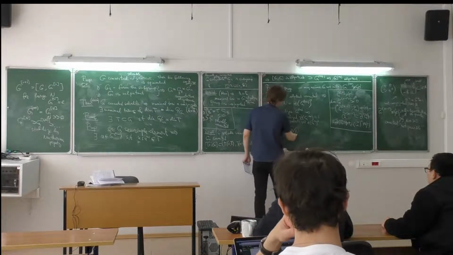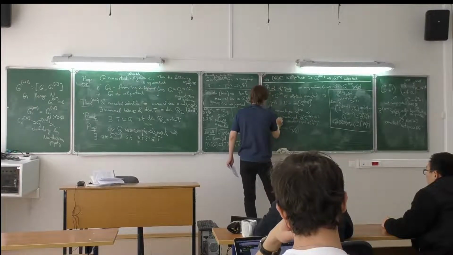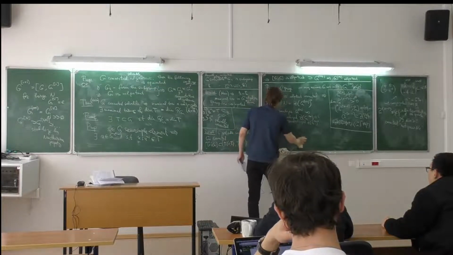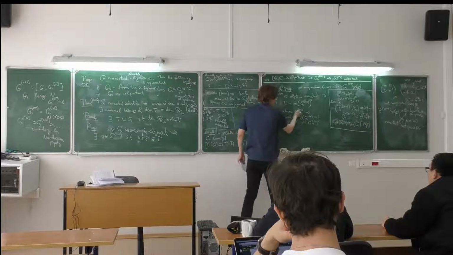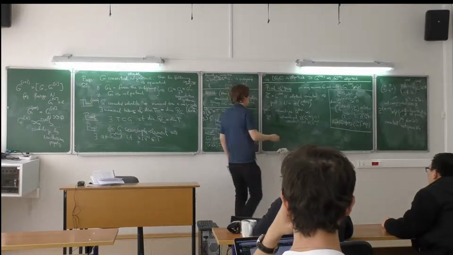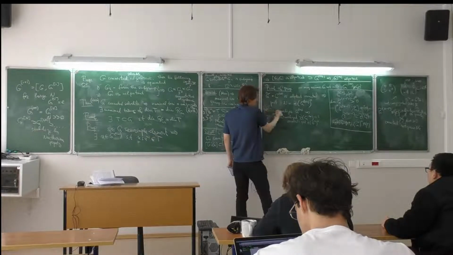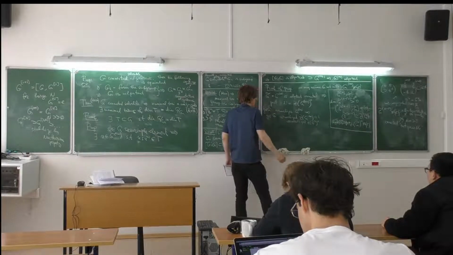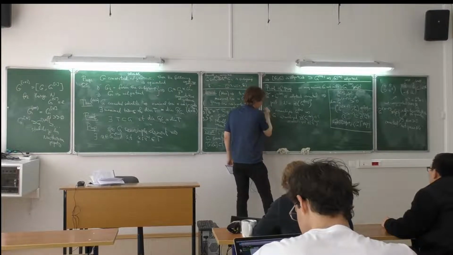I wanted to say the following: that any element of G normalizes G infinity. Actually, any automorphism of G maps G infinity to itself, but this won't be used here.